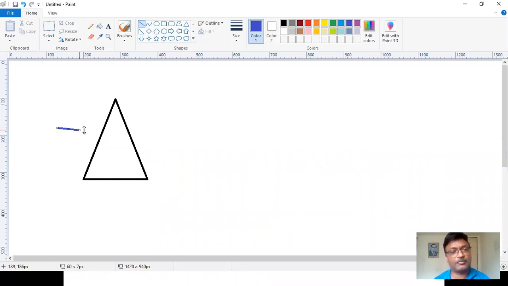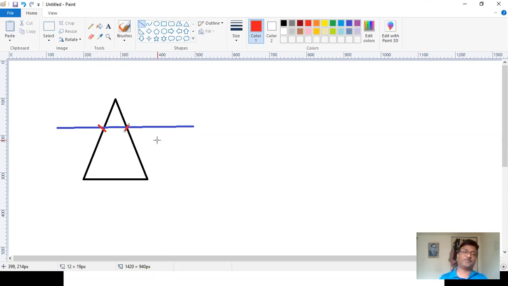This line intersects the polygon 2 times: the first intersection and the second intersection. So 2 is the even value.